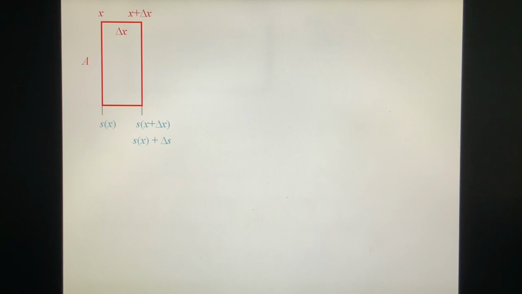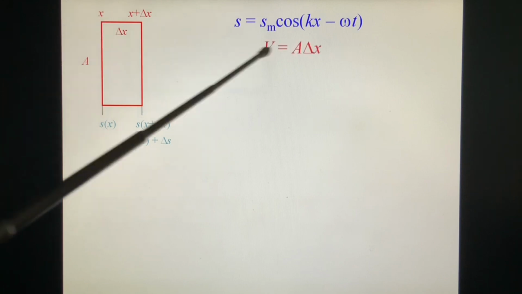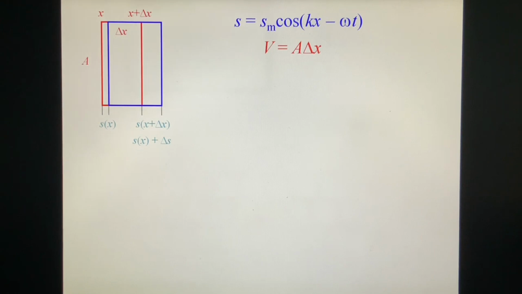After a while, the red volume becomes the blue volume, because their velocities are different.